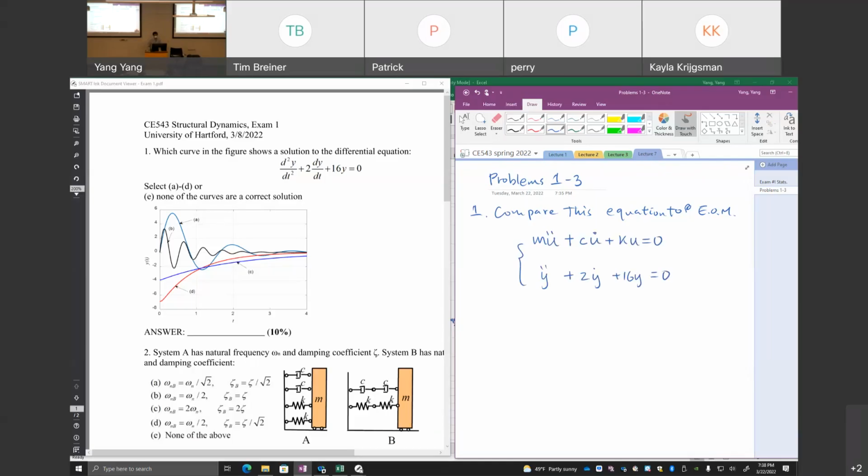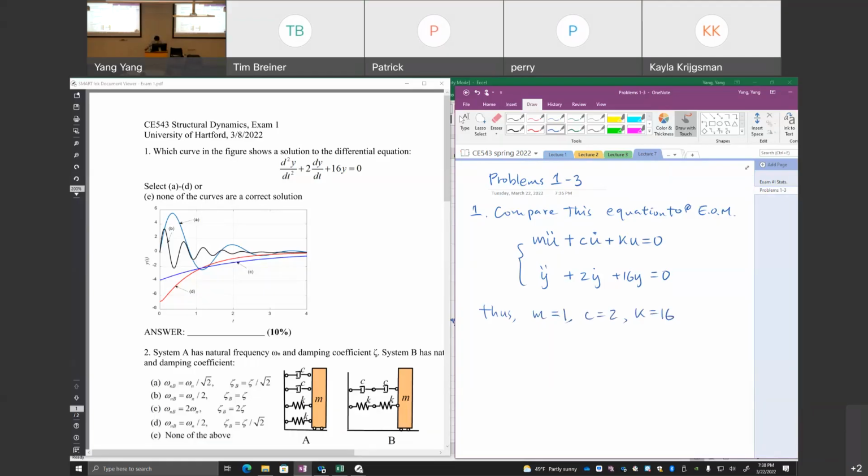If you compare the equation of motion with the equation given to you, we can definitely see that m is equal to 1, c is equal to 2, and k is equal to 16. Does that make sense?